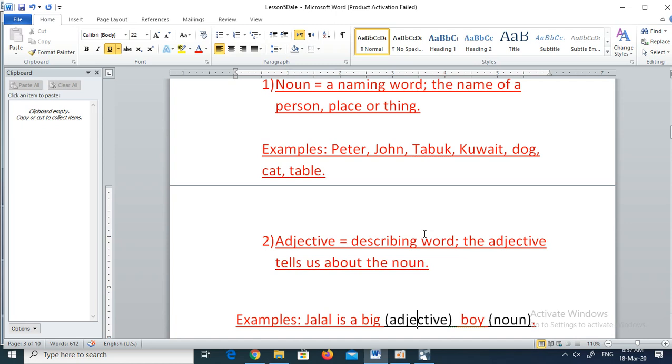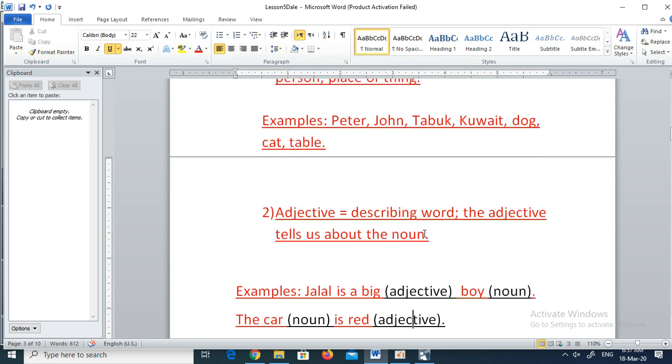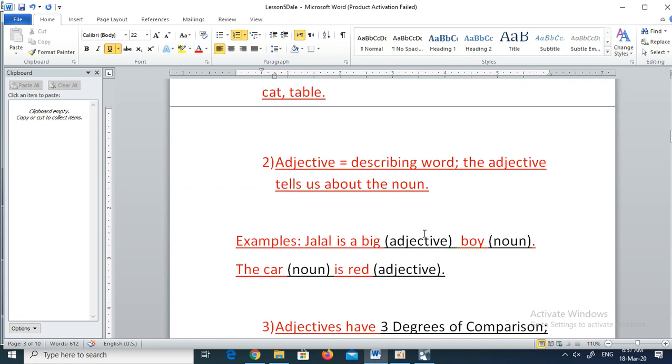Our second grammar note. An adjective is a describing word. The adjective tells us something about the noun. So if we look at the example, Jalal is a big boy. The word boy is a noun because it is the name of a thing, and the word big is an adjective because it tells us something about the boy.